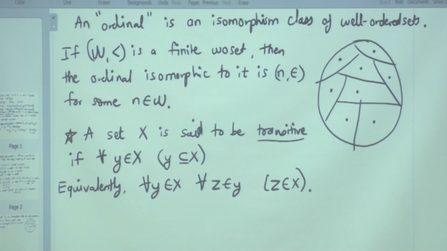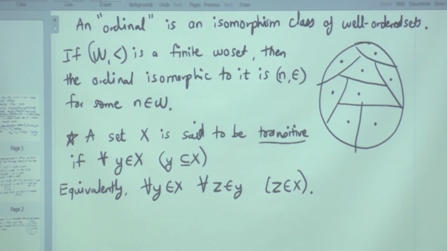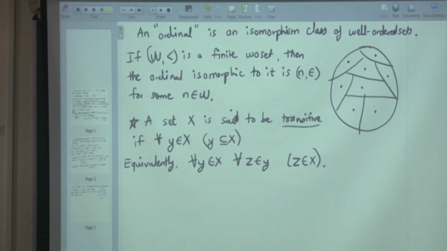Yeah, that is precisely this statement. If y is an element of X, then y is also a subset of X. What is the meaning of subset? That every element of y is also an element of X. So therefore these two are same.